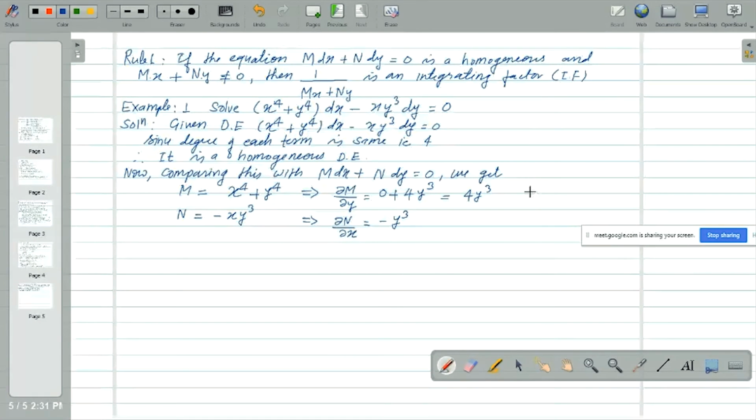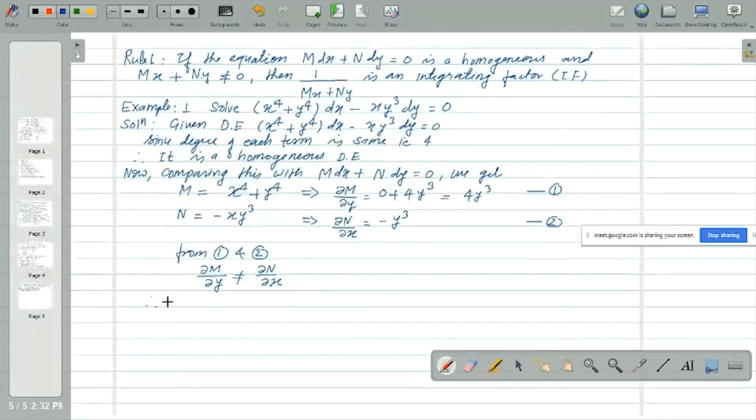So from 1 and 2 we can observe that dou M by dou y is not equal to dou N by dou x.